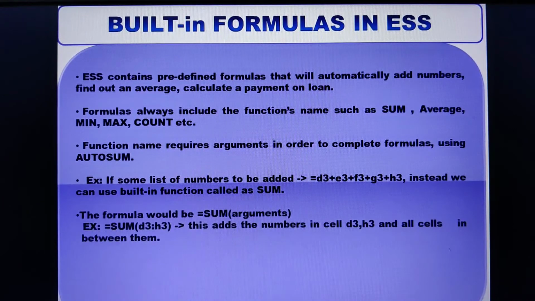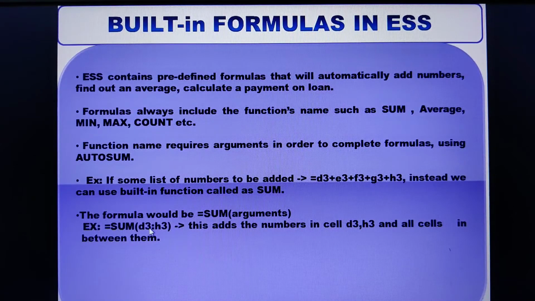Let me explain that with an example: how do I write this formula using the sum function? What is the syntax here? It is equal to, followed by the function name, followed by the arguments. So here it is equals to SUM, and I need to specify the range.